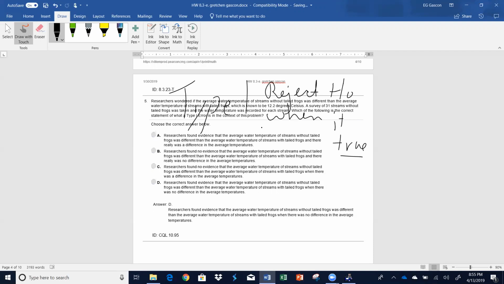So type 1 error is when you reject the theoretical, the status quo, in favor of the alternative, which says something happened, something's greater than or less than or whatever, but you were wrong. So status quo should have been kept, but you went off in the other direction. That's a type 1 error. Does that make sense? Yes.